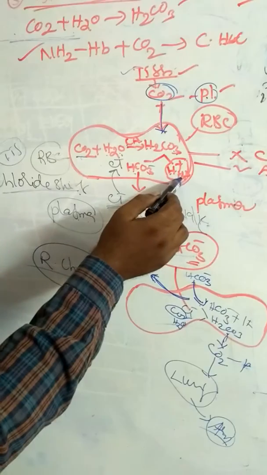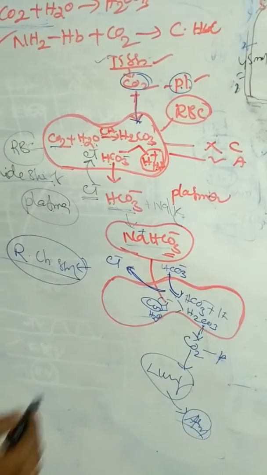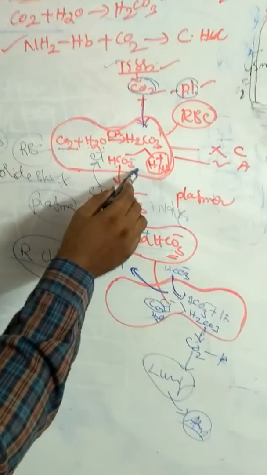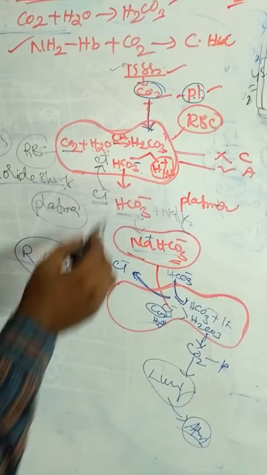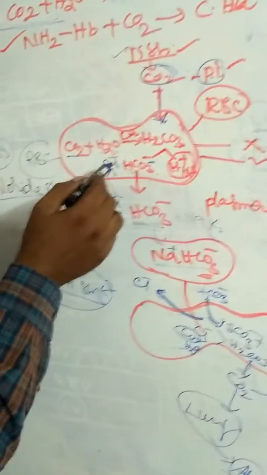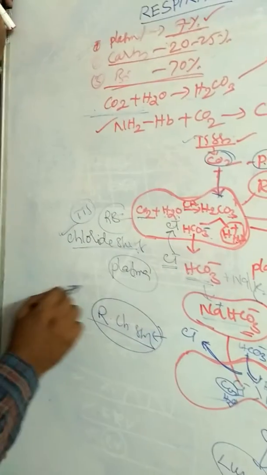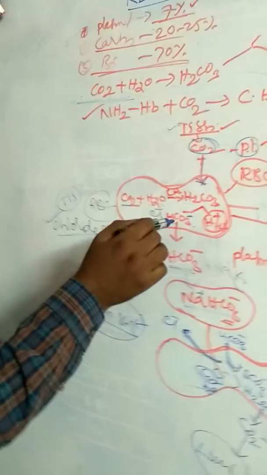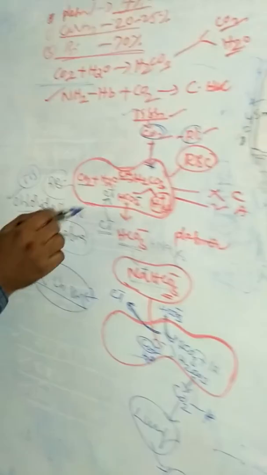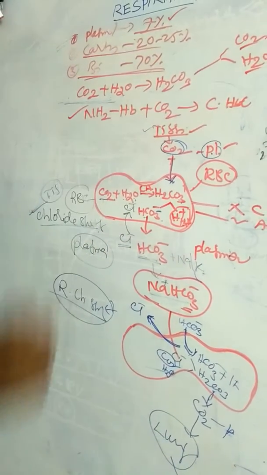H plus combines with Hb and forms HHb. This HCO3 ion, or bicarbonate ion, from the RBC enters into the plasma. To compensate for this, Cl minus ions enter into the RBC. This is called chloride shift. The exchange of HCO3 and Cl minus ions between RBC and plasma is called chloride shift, which occurs near the tissues.